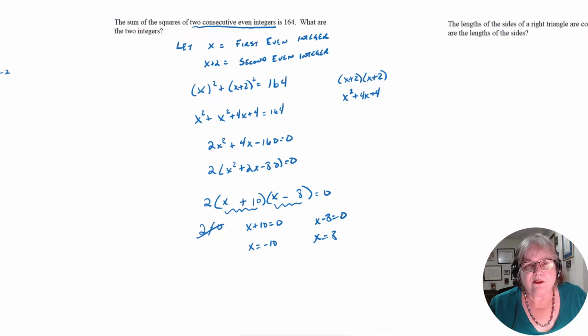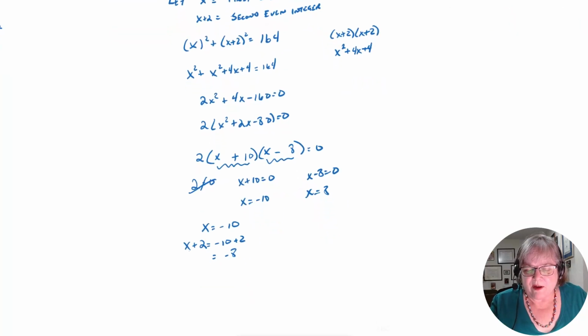So this is saying there's two possibilities for the first number because x is the first number. So if x is negative 10, x plus 2 would be the next even number. So you would take this negative 10 and put it in place of x. And this one would be negative 8. Okay, so I'd have negative 10 and negative 8.